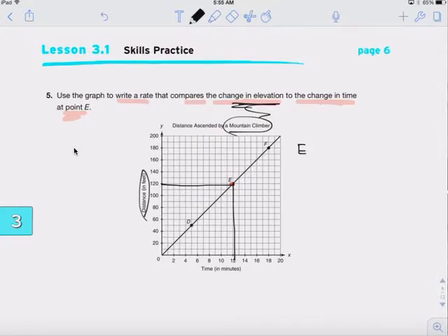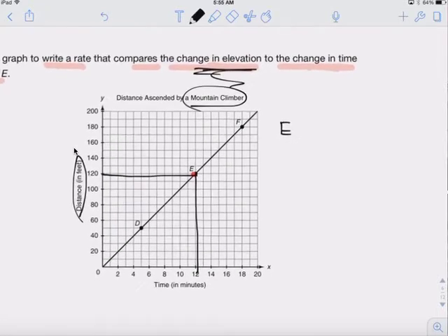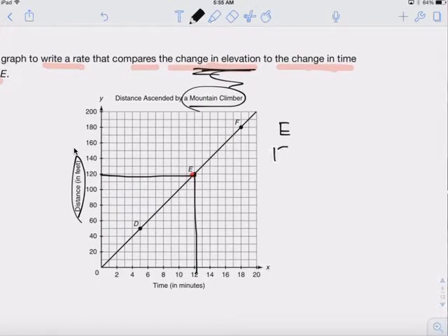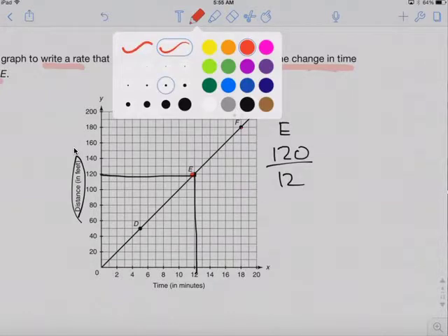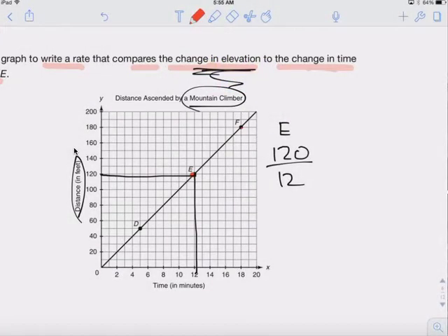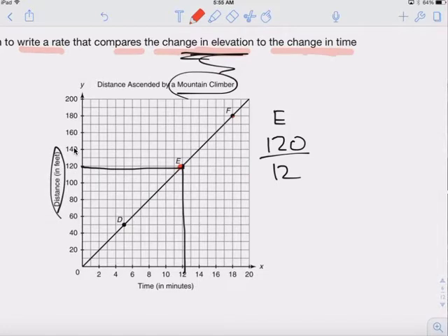E is 120 again, over a time of 12 minutes. And either F or D, let's say F, because we used D on the other one. You'll see that our answer is the same as the last problem, problem 4.